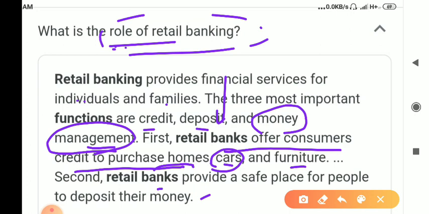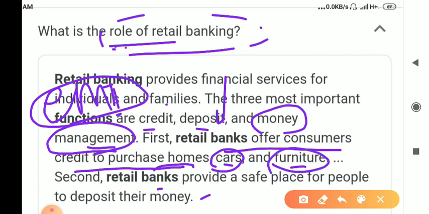EMI means equated monthly installment, right? So by EMI they need to pay back the loan. And if they are going to buy furniture, or after construction they need to renovate their home, there are home improvement loans and top-up loans.